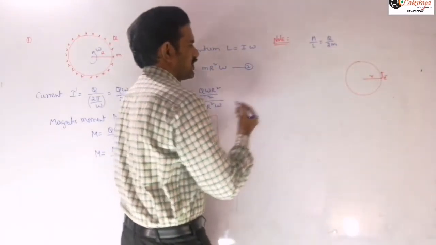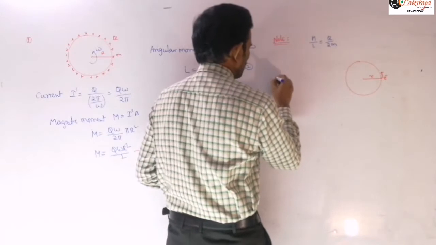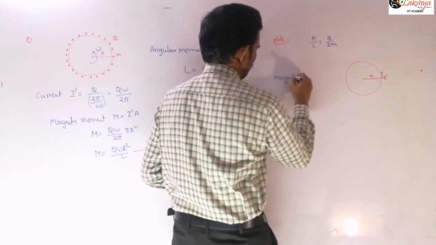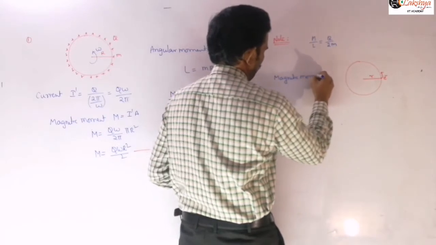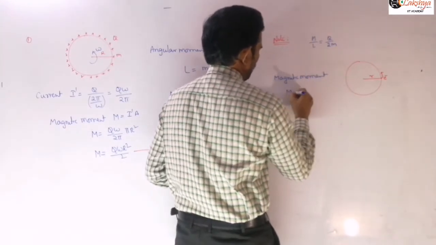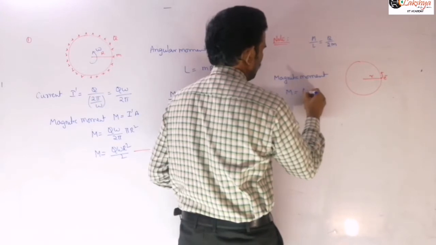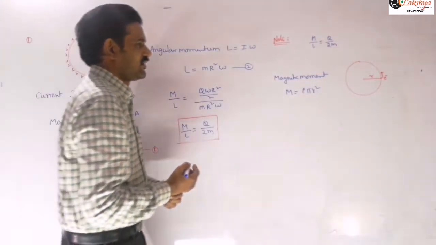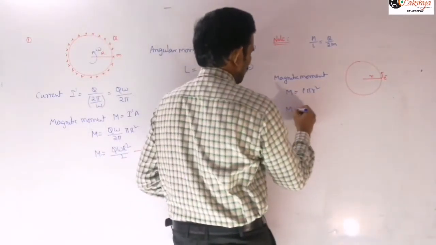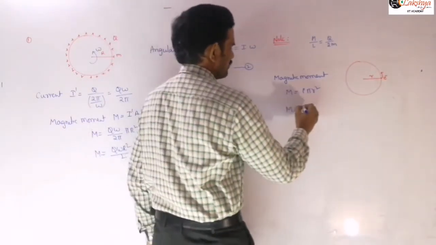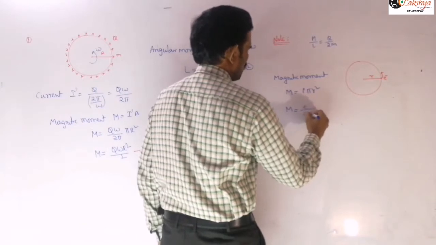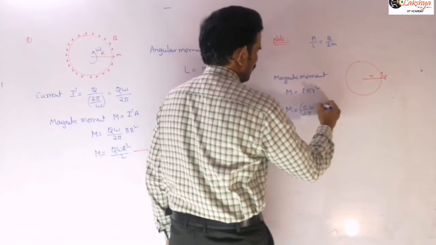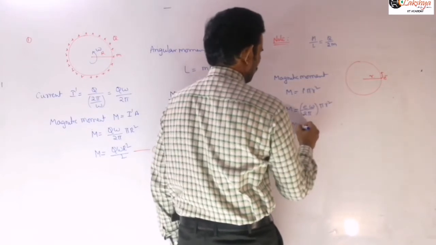Now here what we can write is the same calculation. The magnetic moment M is equal to I into pi r square, where I means small i. So this value we can write as e by 2 pi by omega, into pi r square.